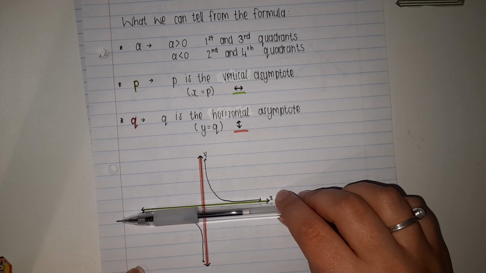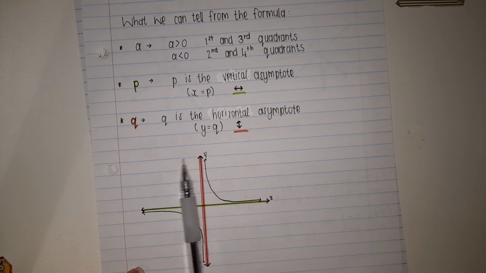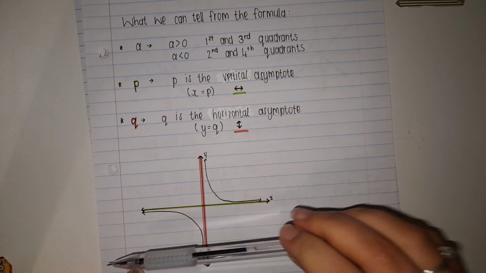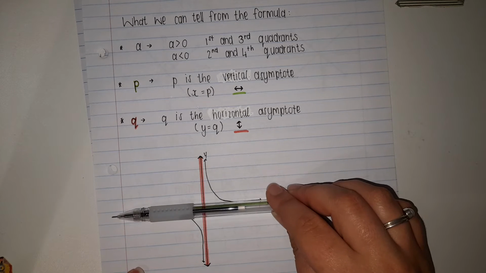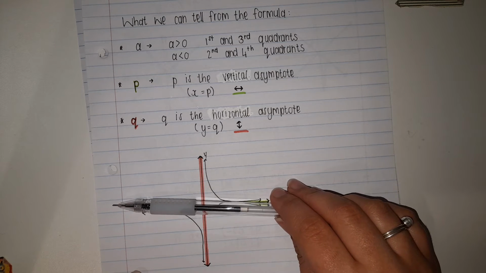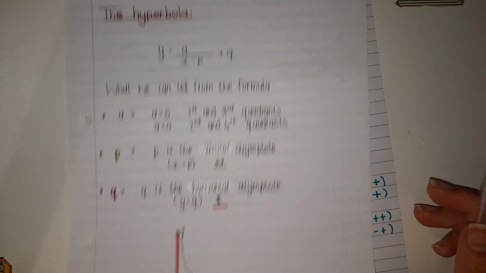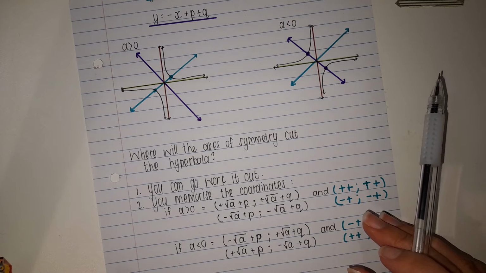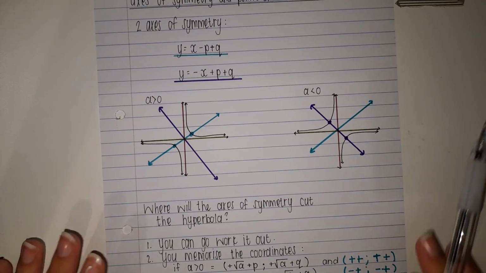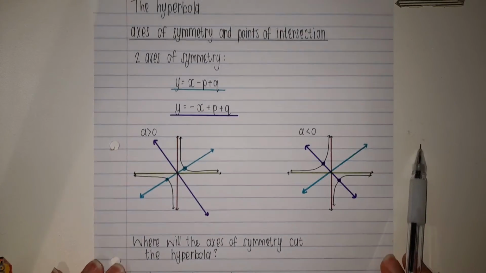So remember, P is my vertical asymptote moving left and right. Q is my horizontal asymptote moving this whole thing either up or down. Yes, this is a bit confusing, but bear with me. We are going to do some example questions when I talk to you guys again.